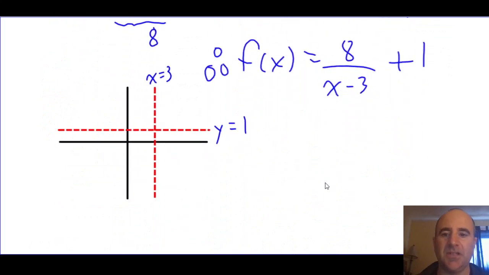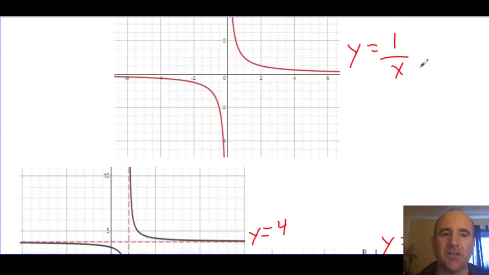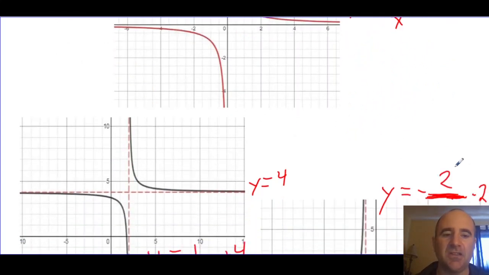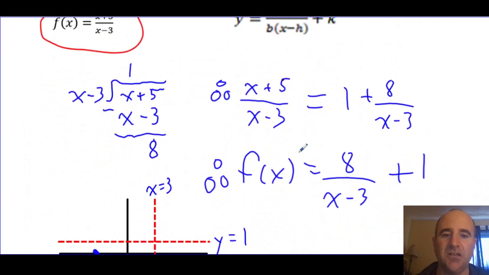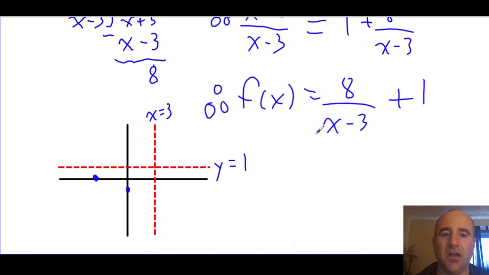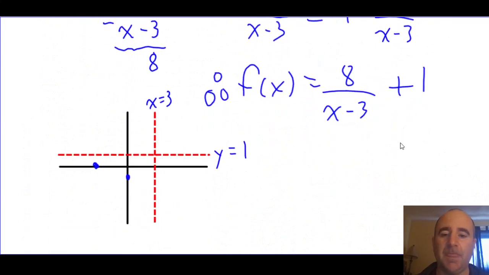So x equals -5, there's going to be an x-intercept somewhere down here. Oh, sorry, that's not correct. Somewhere down here. And -5/3 somewhere in here. And we know now that this graph looks a lot like these graphs here. It looks a lot like 1 over x with a vertical stretch factor of 8, which doesn't change the graph very much. And then it gets shifted to the right 3 and up 1.